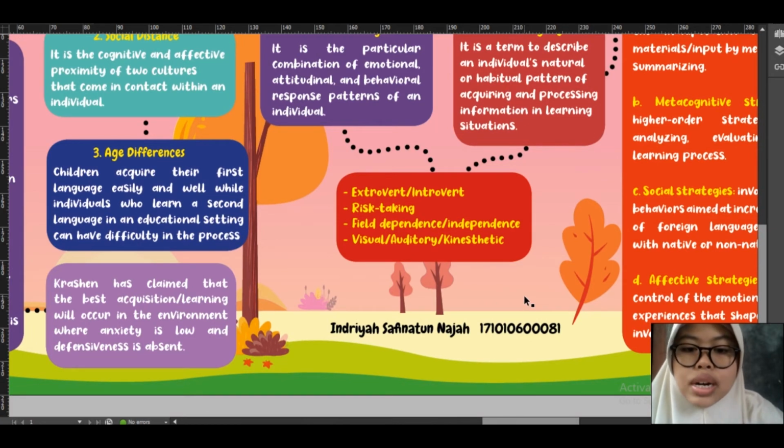Okay, and then fourth, field dependence or independence. Here, if someone has field dependence, they can explore beyond the knowledge itself, not just depending on what they know, and will search other research to learn the language.